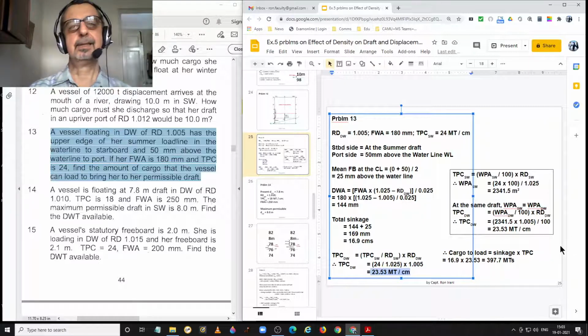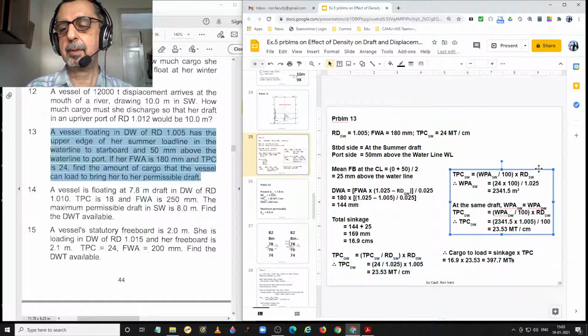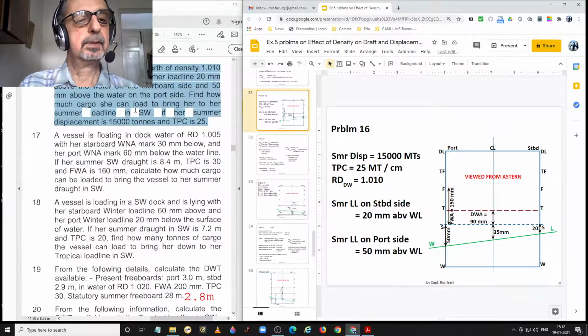So in your exams you can easily and quickly work it out by this method instead of going up and using this long method. Problem 16.